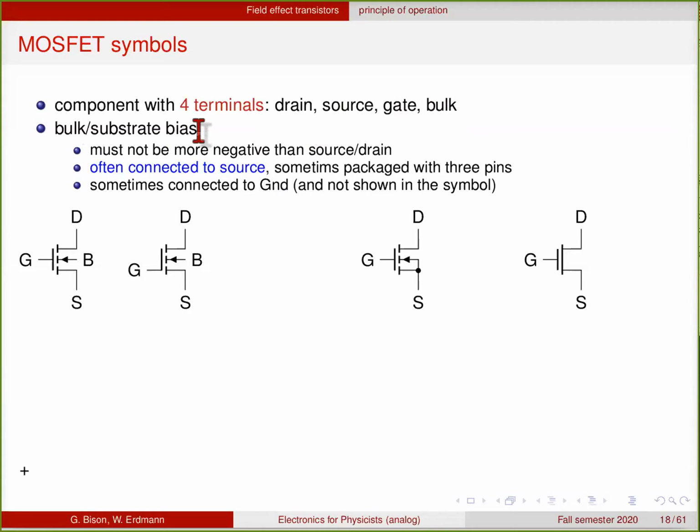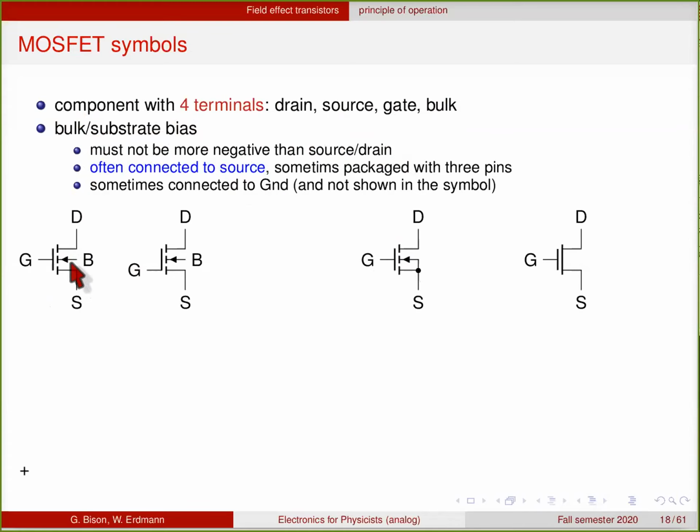The bulk does not play such an important role as drain, source, and gate, but it must be handled properly. So, for instance, it must always be more negative than source and drain. It is therefore often connected to the source, that is shown here.